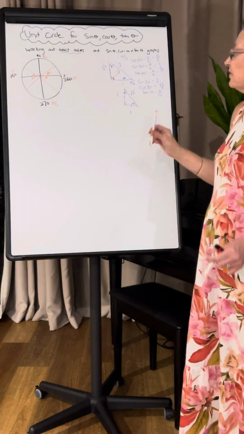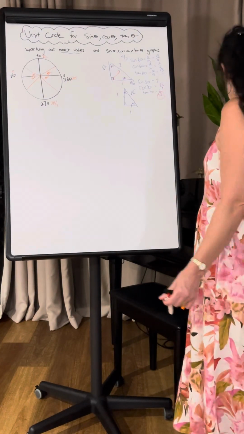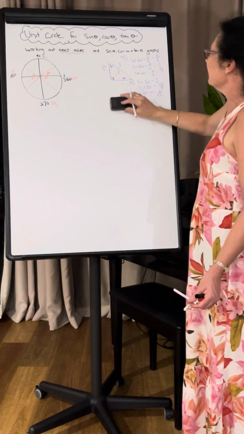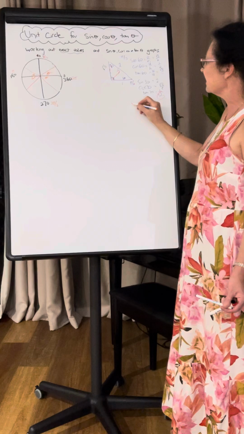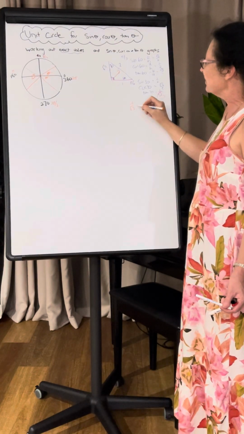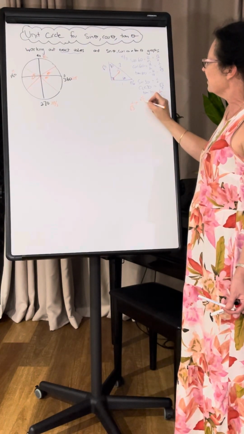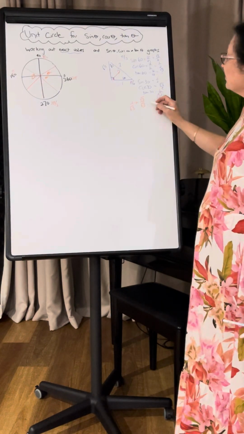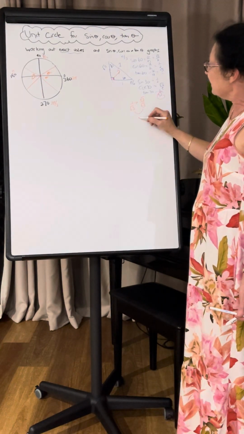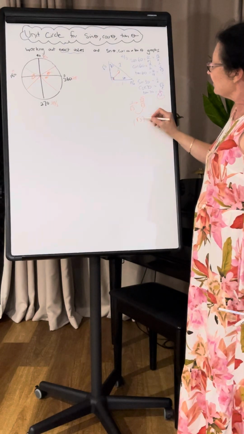Now having the surd on the bottom, we know is a no-go. Some textbooks will leave it like that, but technically 1 over root 3, we don't like a surd on the bottom, so we multiply by root 3 over root 3, which is just 1. And again, this is just some basic stuff.